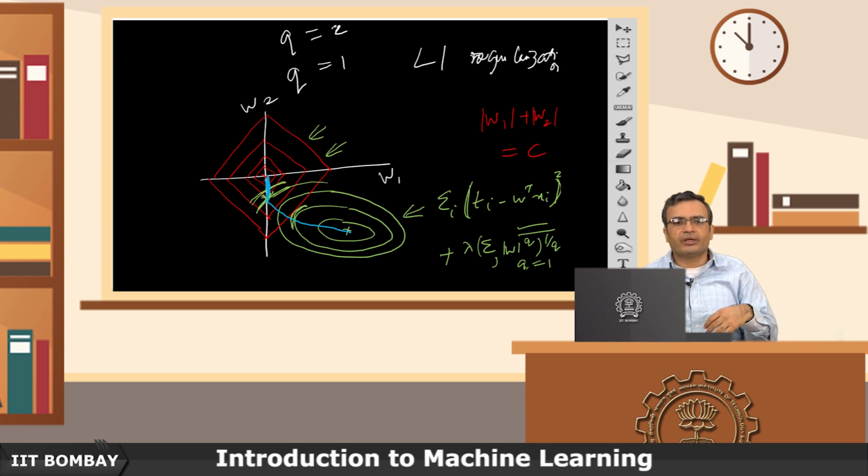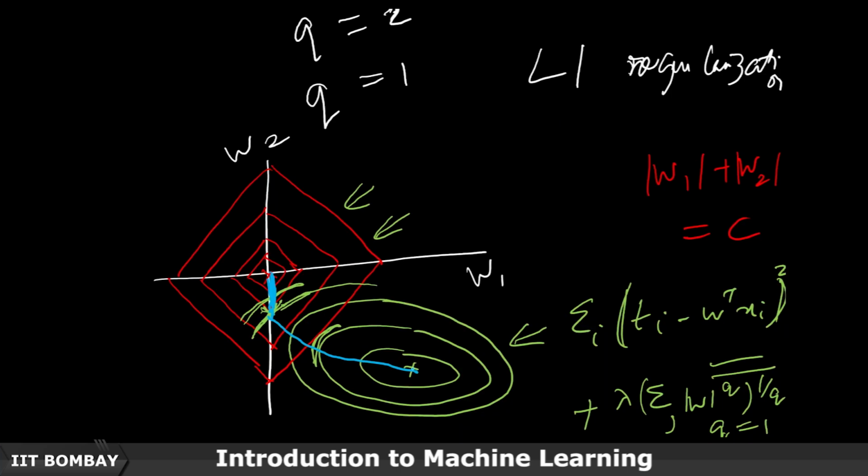So for a particular critical lambda, when you increase lambda further, when lambda is greater than a particular value, some weights can become 0 and those weights will remain 0 for higher values of lambda. So in that case we do feature elimination.